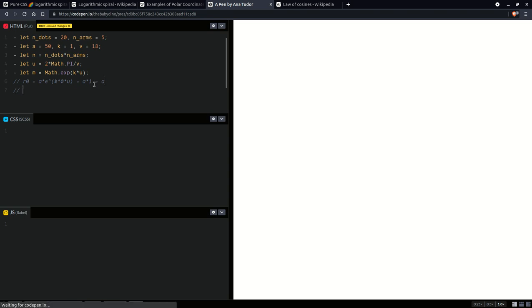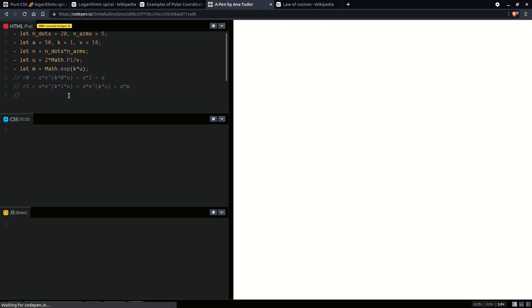Now for the second one, r1 is a times e raised to the power of k times 1 times u. So that's going to be a times e raised to the power k times u. So that's going to be a times m.